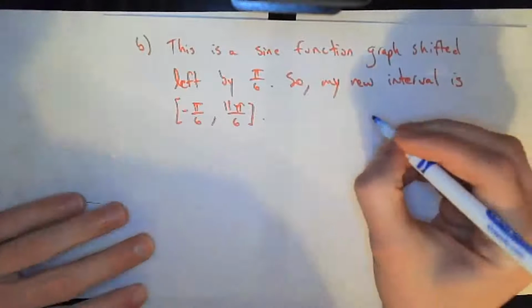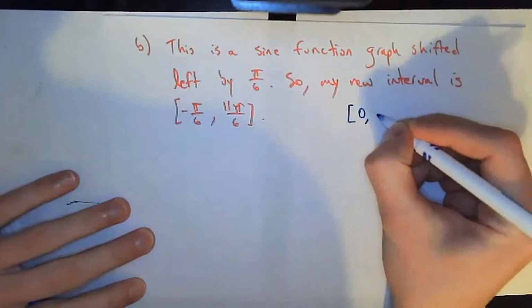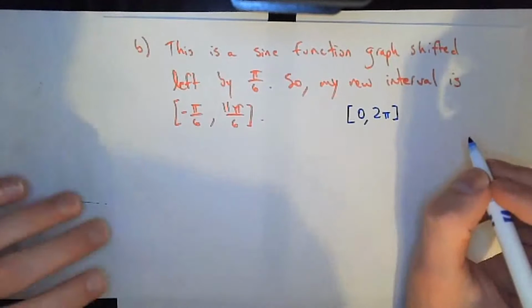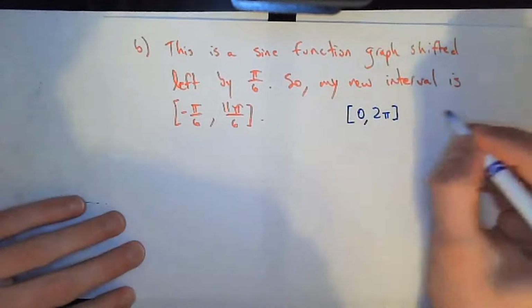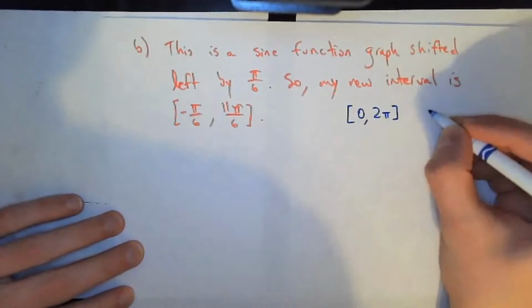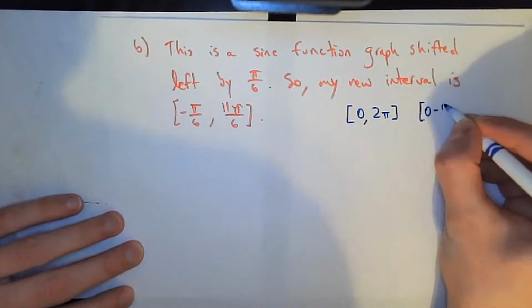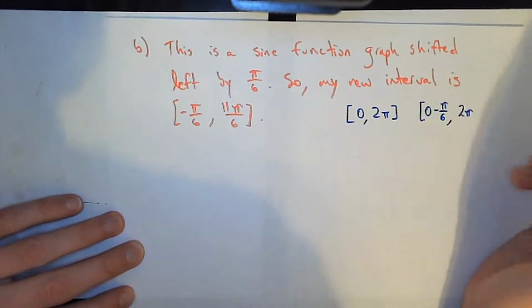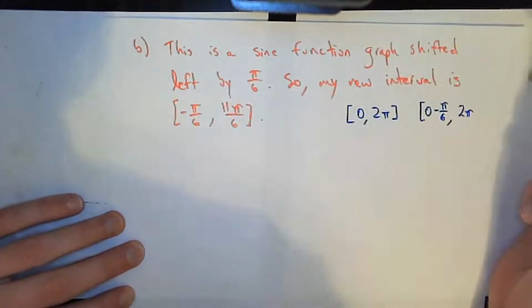Where is that coming from? Well, remember my classic interval for the sine function is 0 to 2 pi, but I'm shifting left by pi on 6. So I'm going to take each of these and subtract pi on 6 from both of them, because I'm going left.